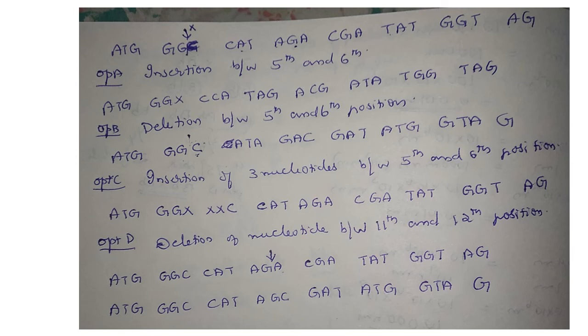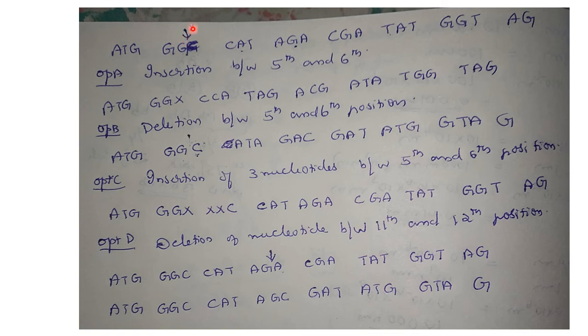So here this is the sequence that they have given. So I have separated into 3 nucleotides for easy understanding. Then option A, they have given insertion between 5th and 6th. So 1, 2, 3, 4, 5 and 6.